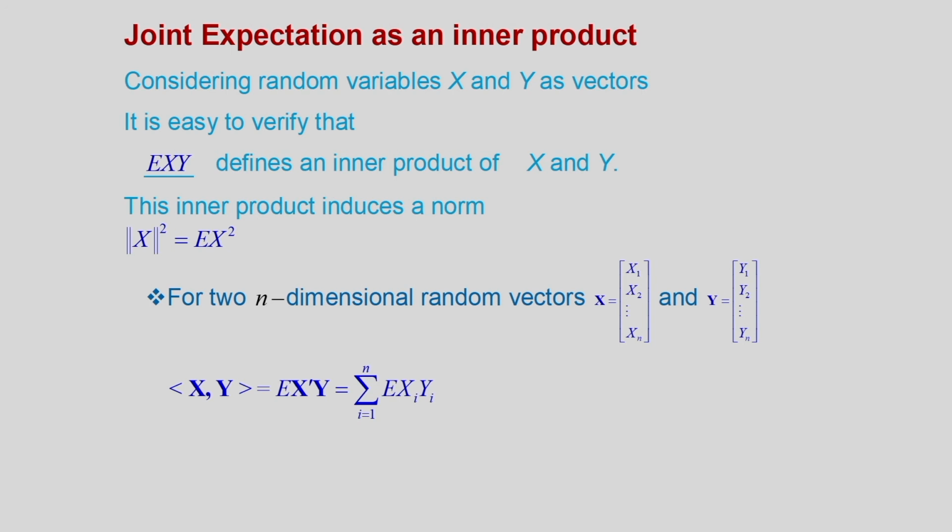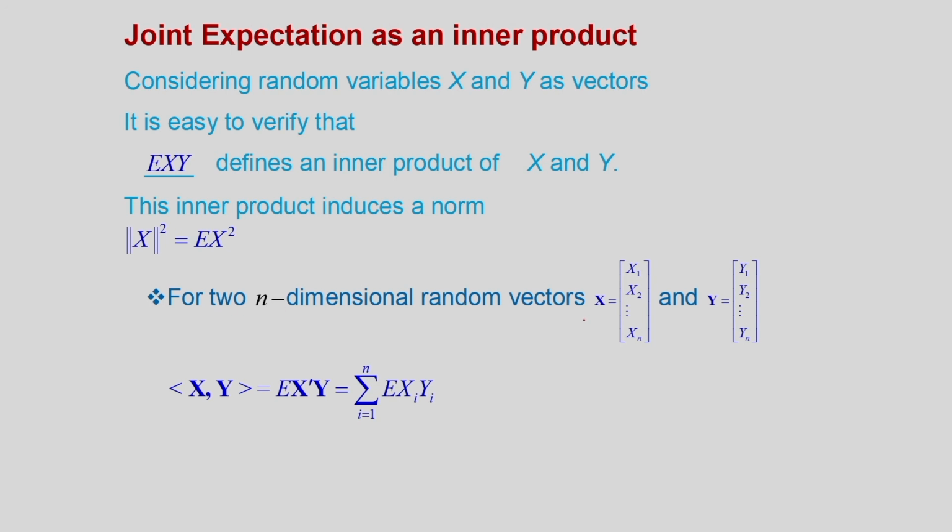E of xy defines an inner product of random variables x and y when they are represented as vectors. And this inner product induces a norm. What is that norm? Norm of x squared is equal to E of x squared. So, we can define inner product of two random variables.